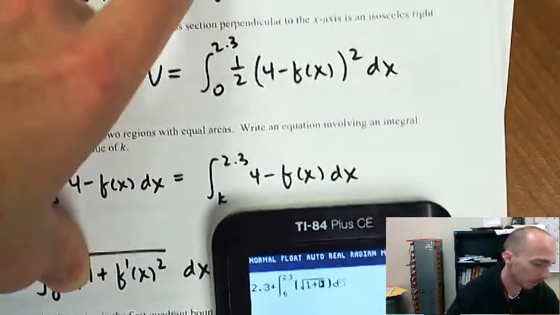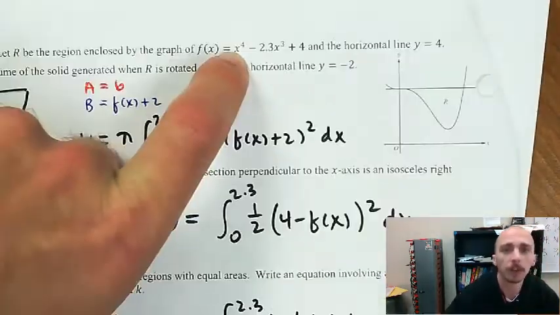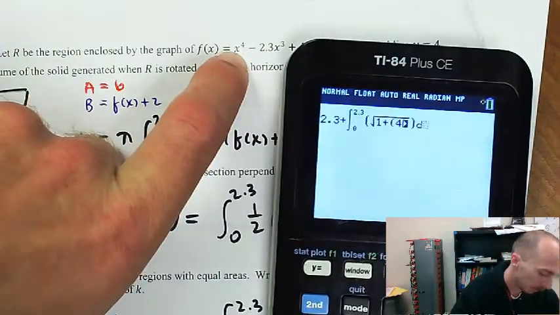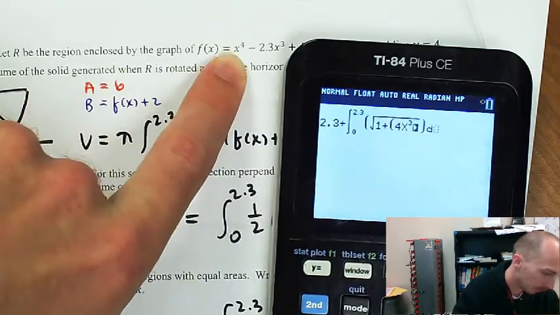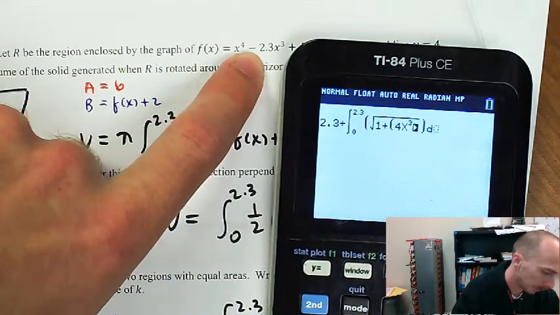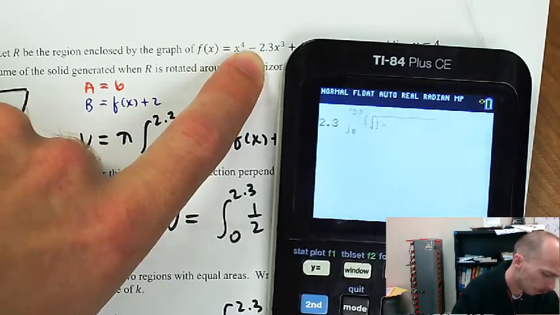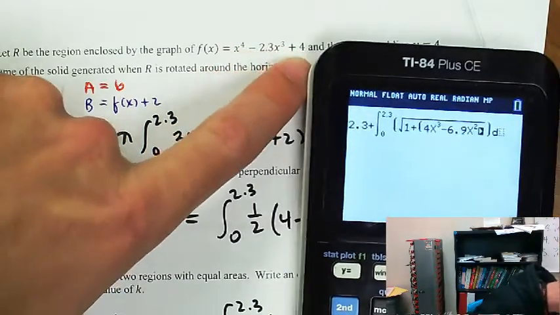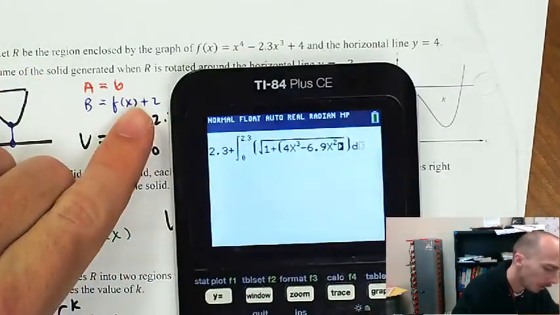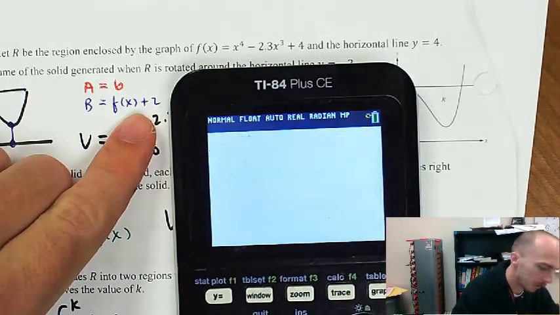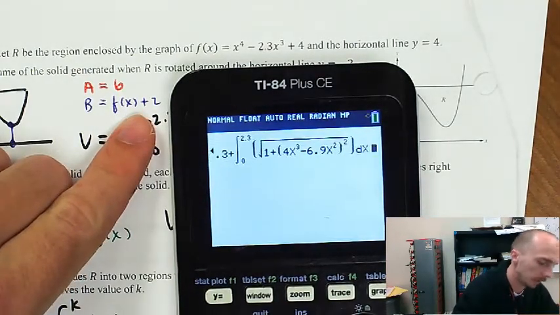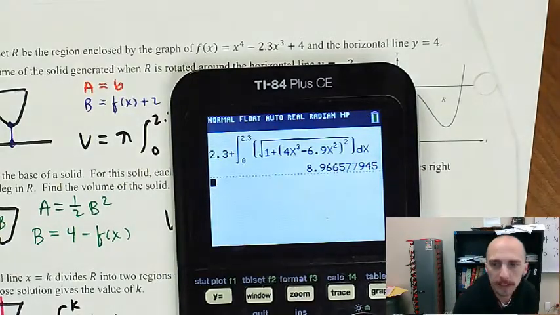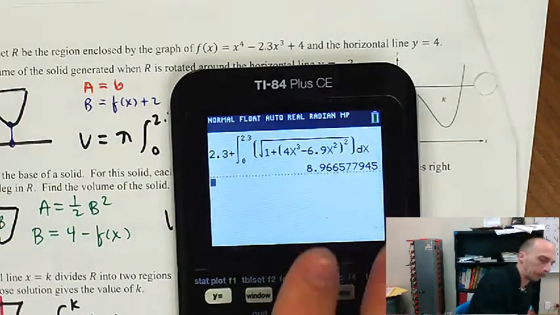It's going to do a whole lot of arithmetic. So I'm just going to take that derivative by hand: 4x to the third minus 6.9x to the 2 plus 0. Okay, and then dy dx squared dx. And we get ourselves a perimeter of 8.9667.